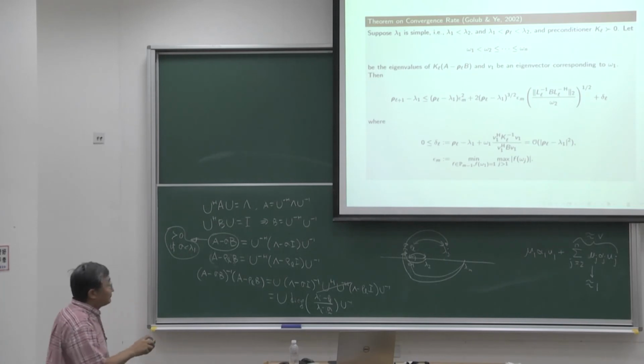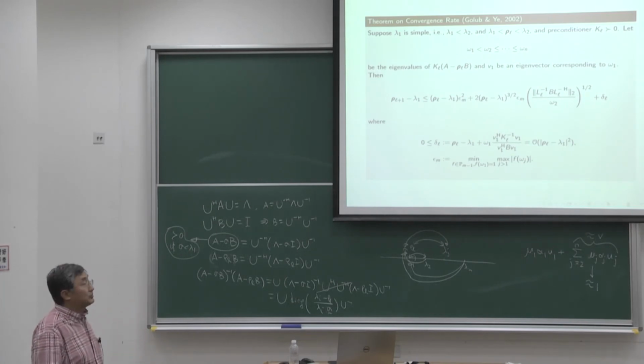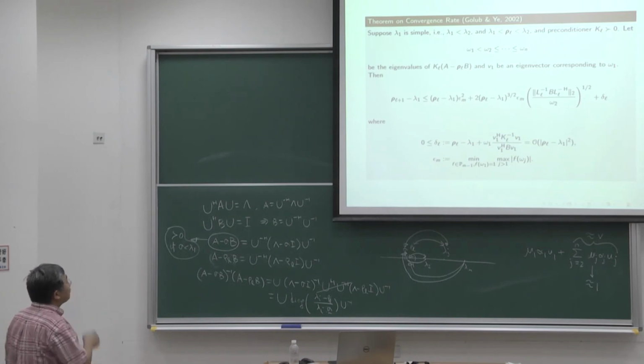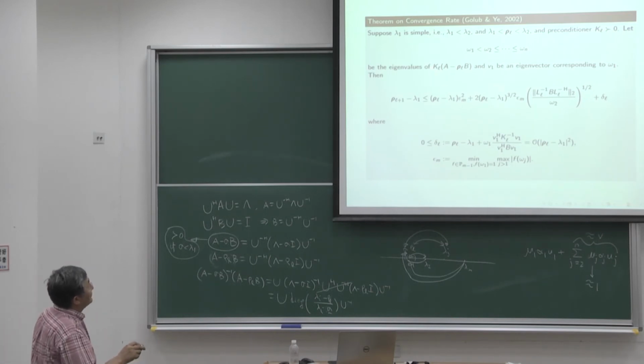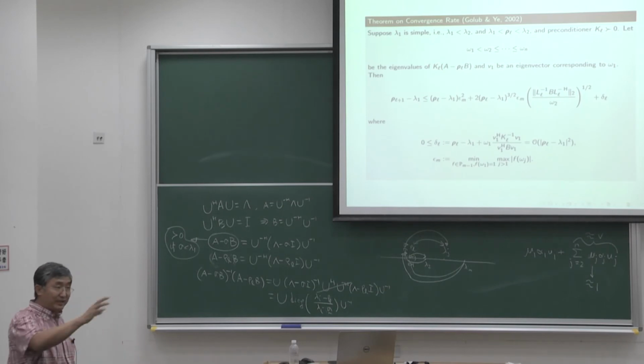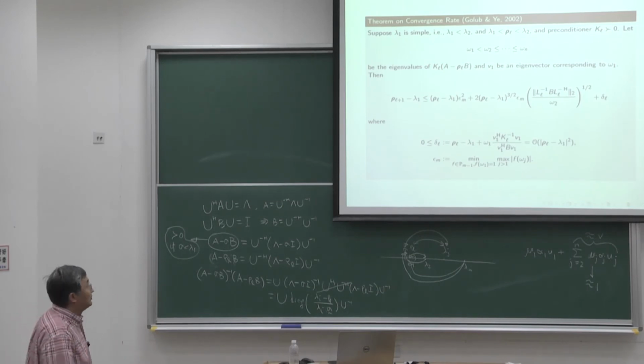All right. Because of the way we derived this, you will have this theorem, basically a copy. The only thing is now this omega will be the eigenvalue of KL times the preconditioned matrix. Before, without K, omega was the eigenvalue of A minus rho L B. Now it is the eigenvalue after multiplying by KL, to make the eigenvalue distribution more favorable.